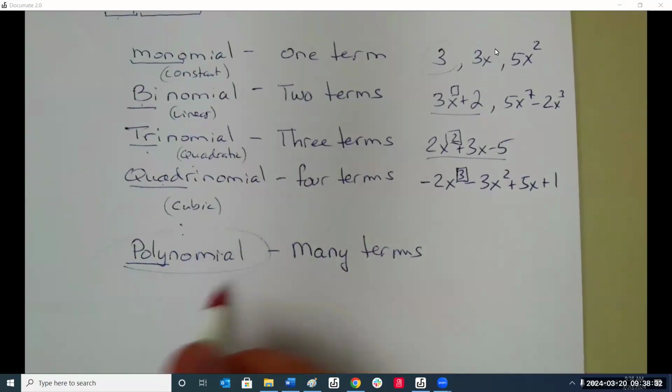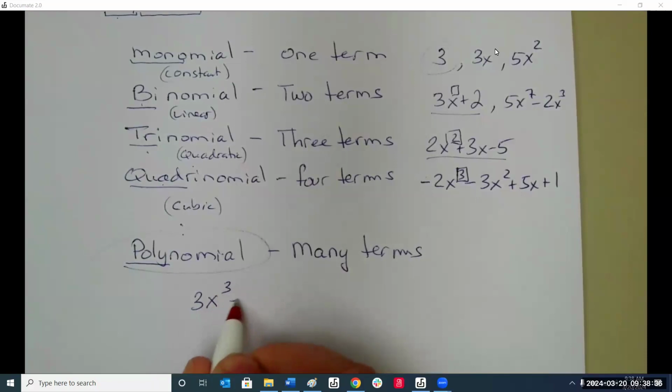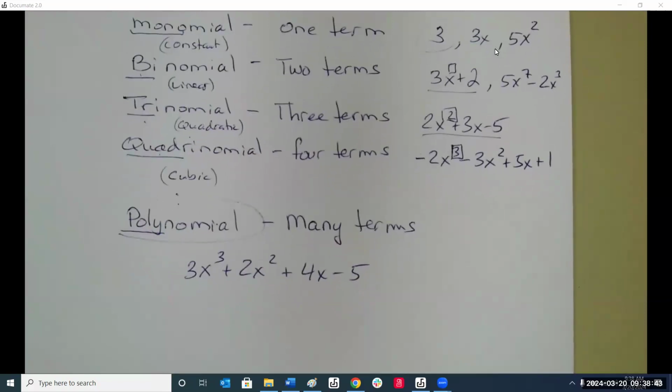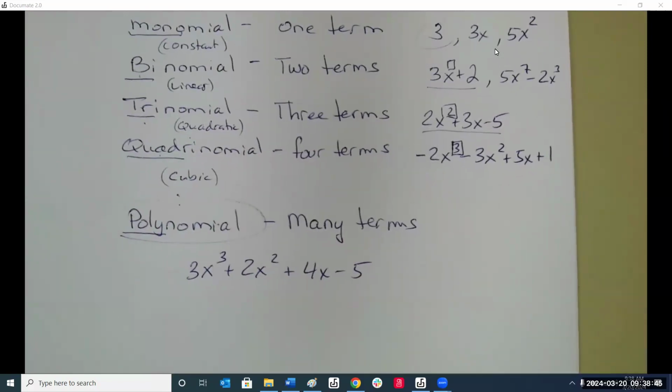What we usually say is like, for example, this would be, how many terms does that have? One, two, three, four. Anything separated by plus or minus or equals is a term. So there's one term, two terms, three terms, four terms.